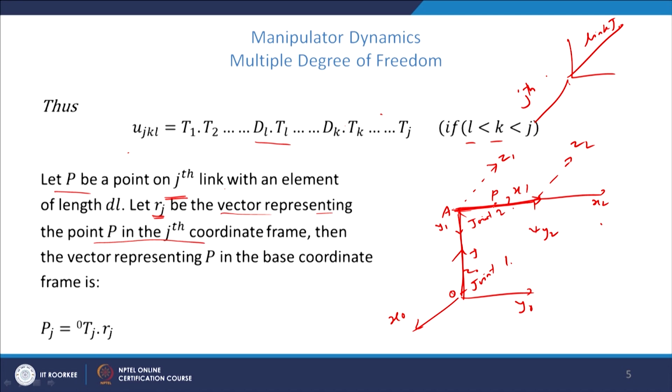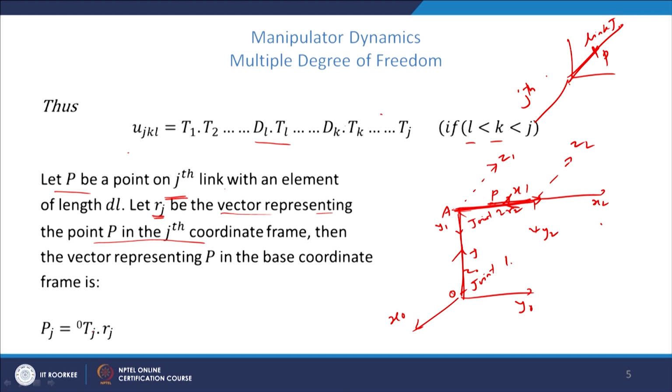If you take a particular point P on the second link and write the vector with respect to x2, y2, z2, it is this vector. This is the R2 vector. Similarly, if we take a point P on the jth link with respect to the jth frame, its coordinate vector we call R suffix j.